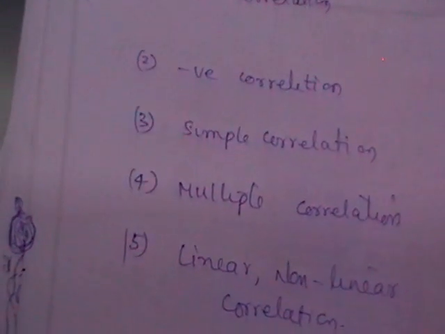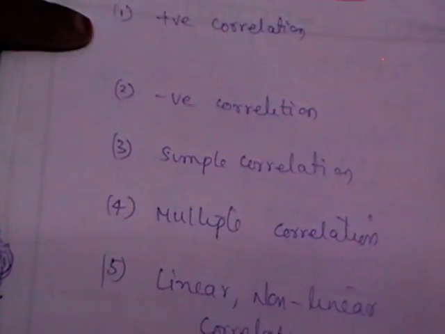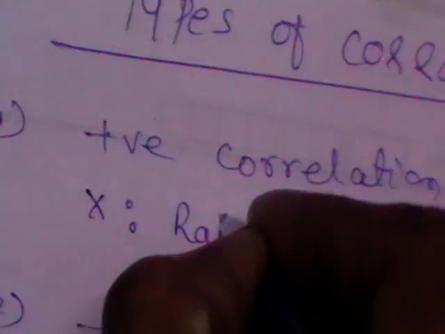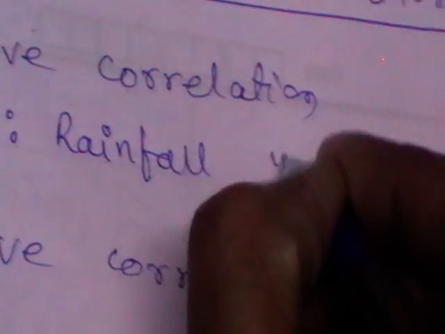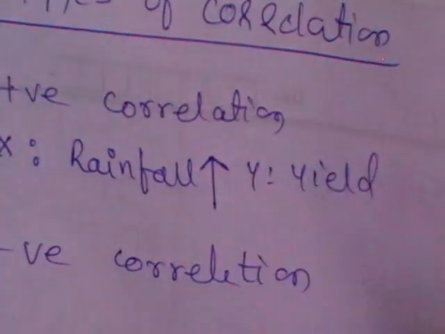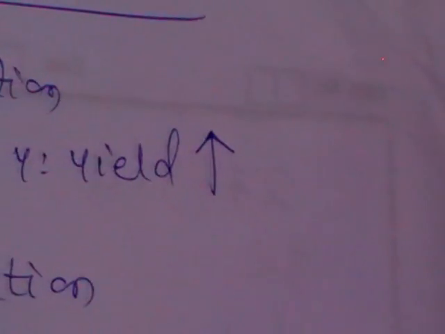Let us see what is positive correlation. If you take two variables, let us take x as rainfall and y as yield. If we observe an increasing trend in the rainfall, we see the corresponding increasing trend in the yield.